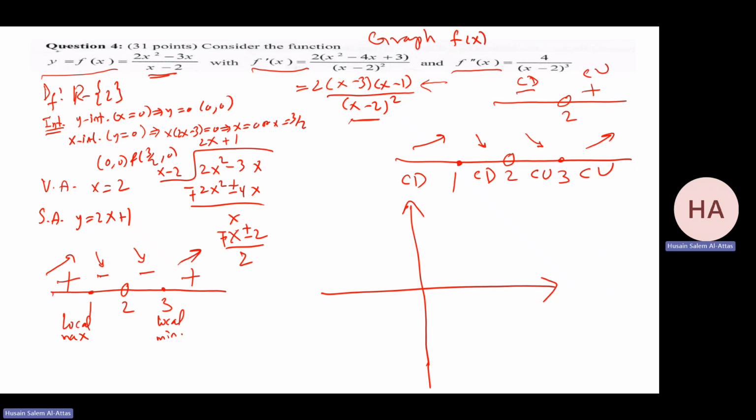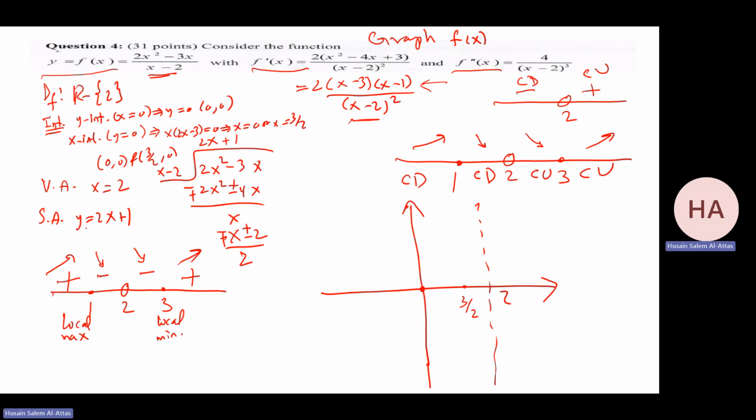Okay, as usual, we'll put the information. Asymptote, we have a vertical asymptote at x equal to 2, very clear. I have 0, 0, this is a point. And 3 over 2, also another point. I have the slant asymptote, how to graph it. I will do values.